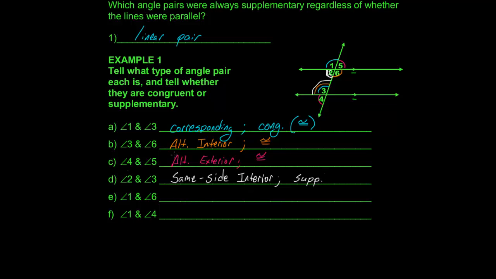1 and 6. 1 right here. 6 right here. We've already talked about 1 and 6. 1 and 6, they are vertical. They make the bow tie. I'll go ahead and rewrite this a little bit neater here. Vertical. And seeing as how by definition they are always congruent, we can put that they are congruent. And lastly, we have 1 and 4.